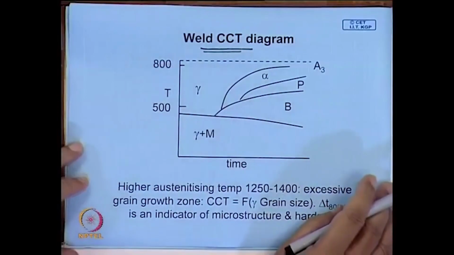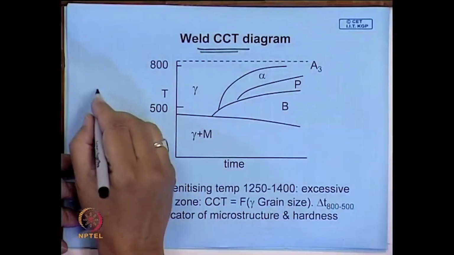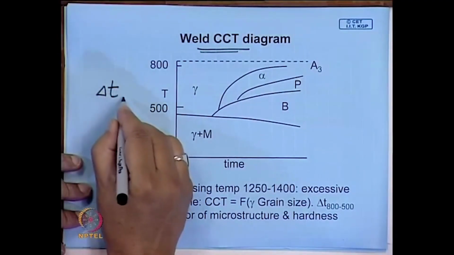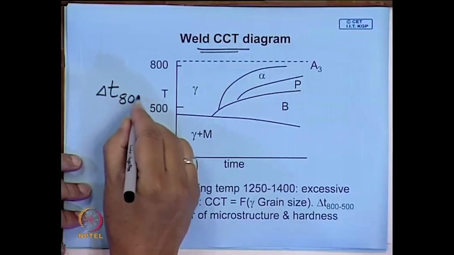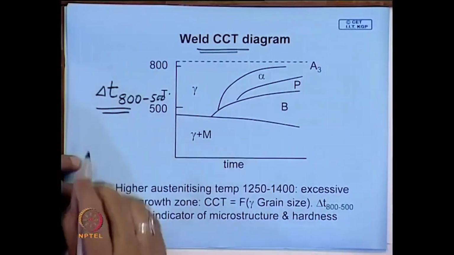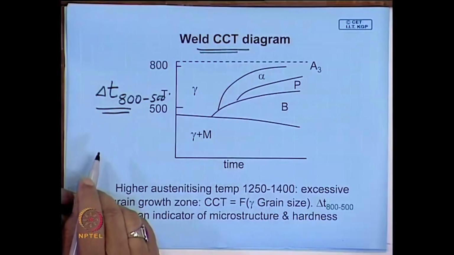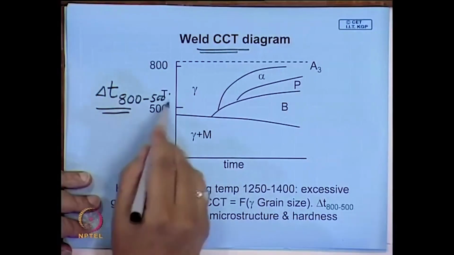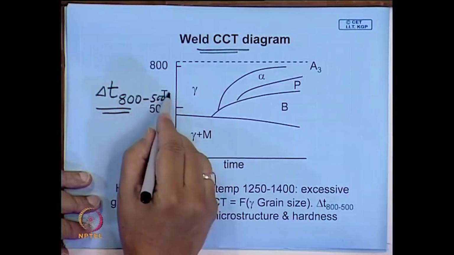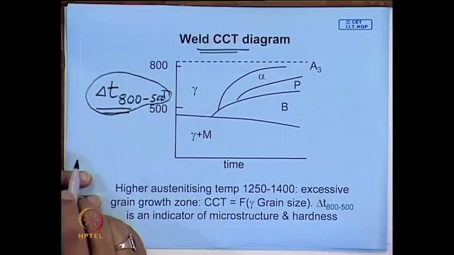So, therefore, in all welding literature terminology, the time it takes to cool through 800 to 500 degree centigrade is taken as a measure of the cooling rate, and this helps us to relate the hardness or microstructure with properties. So, this particular parameter is quite important.